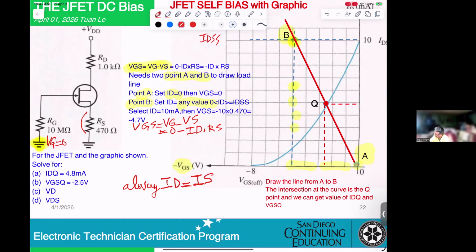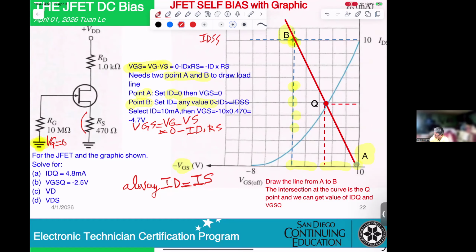Select ID equal 10 milliamp. Okay? Let's see. Then VGS equal minus 10 milliamp times 470 ohm.